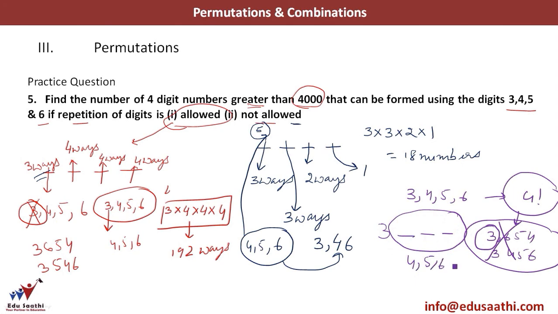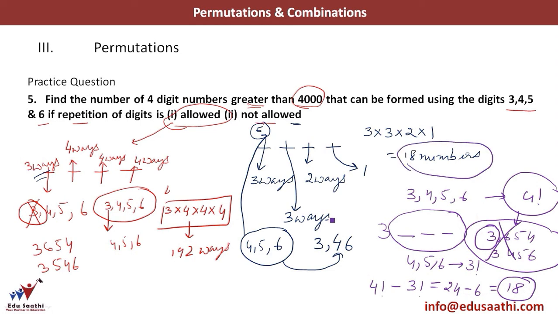In how many ways can this be done? 3 factorial. So now my answer is 4 factorial minus 3 factorial, because this 3 factorial gives me the numbers which start with 3. So I have 24 minus 6, which is nothing but 18. The same answer I got here. So anyway, you can solve it either way.